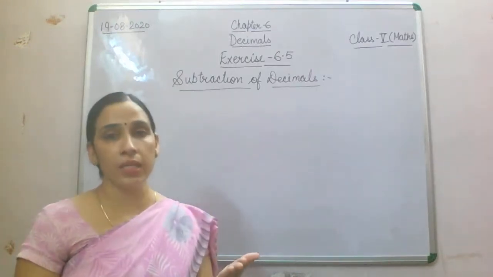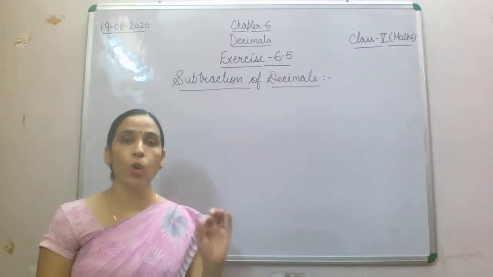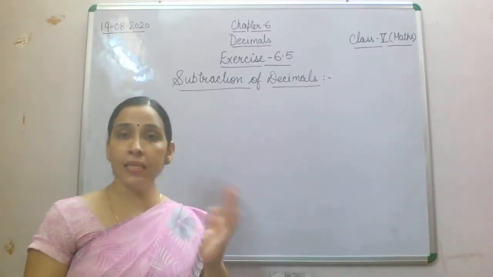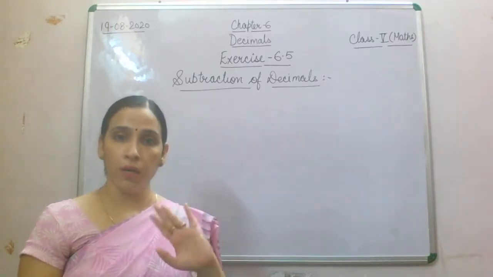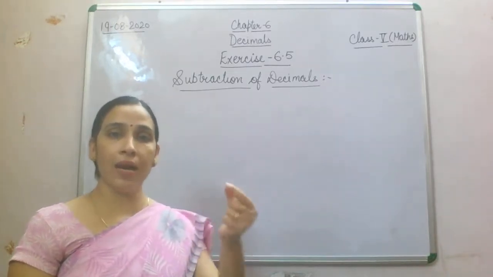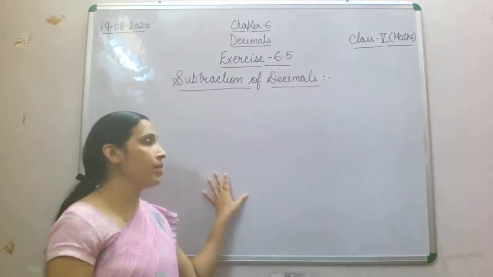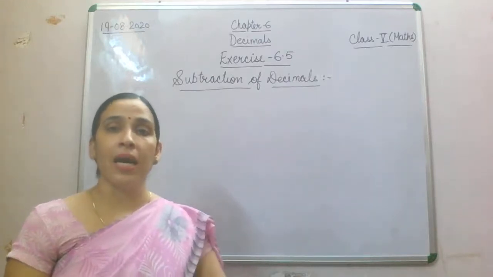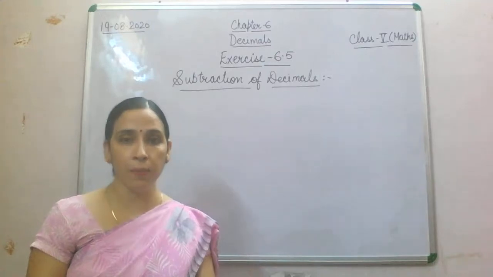What we understood yesterday is that the decimal point always comes just below the point, either in addition or in subtraction. In both operations we will write the decimal just below the decimal. In subtraction, we write the bigger number first.